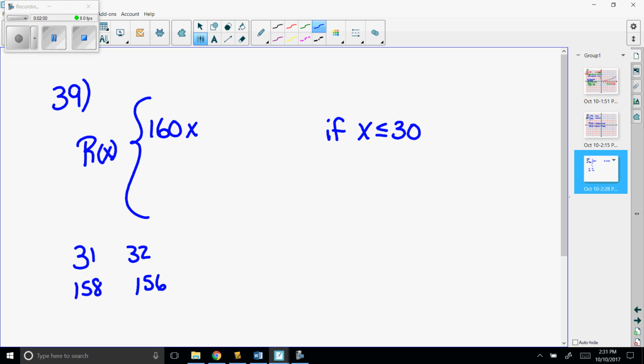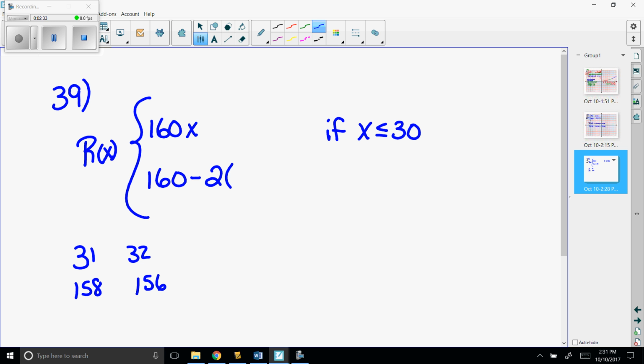How do I show that as an equation? It's 160 minus 2 for every person over 30.